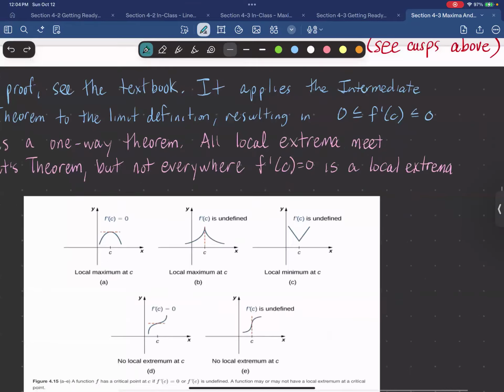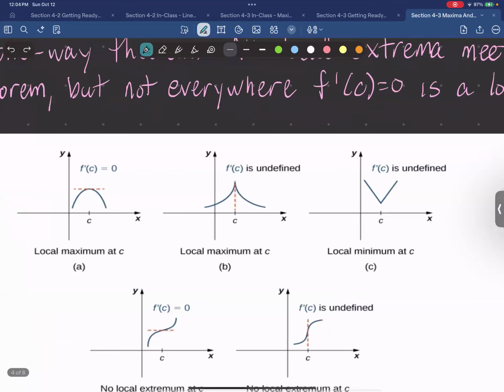So here's an example looking at it. Like here's the absolute value I was telling you about. If we put c right there, the derivative is undefined, but it does have a local minimum there. We have a local max here at the cusp, but the derivative is not 0.